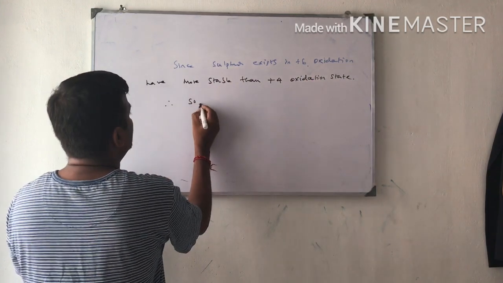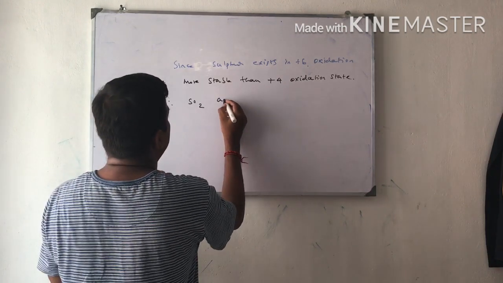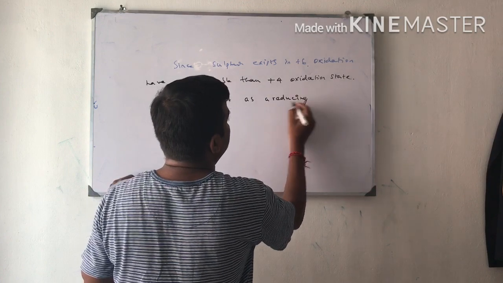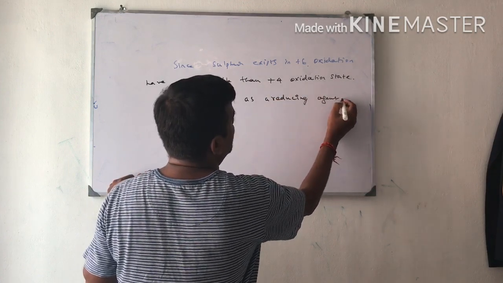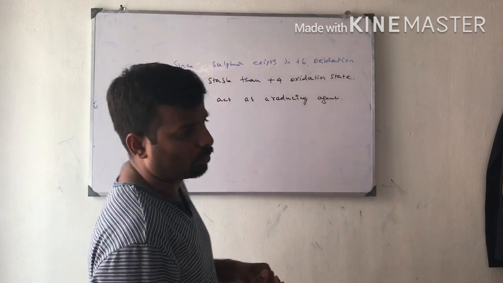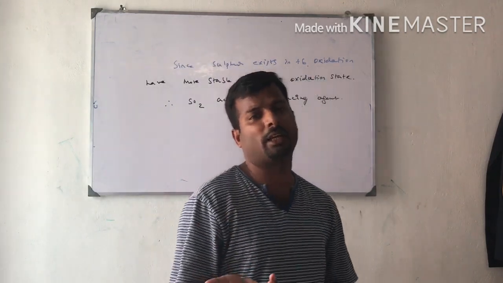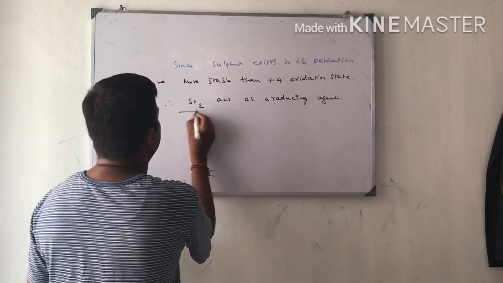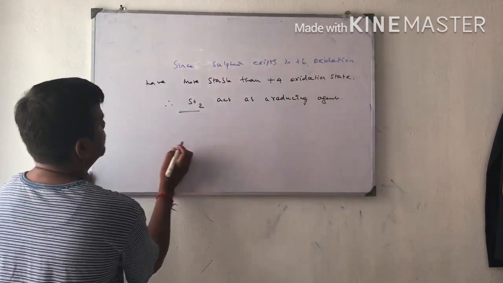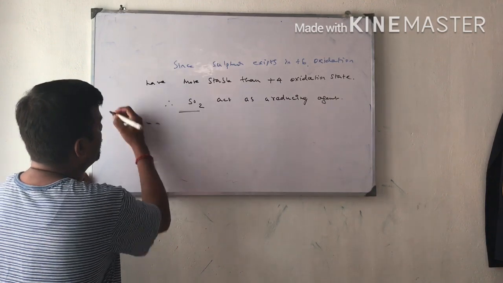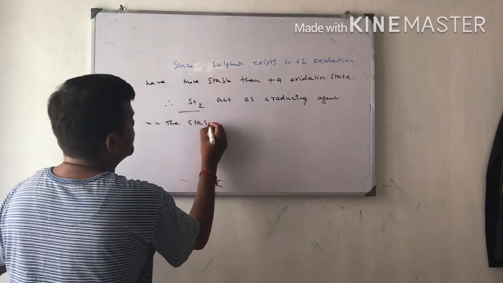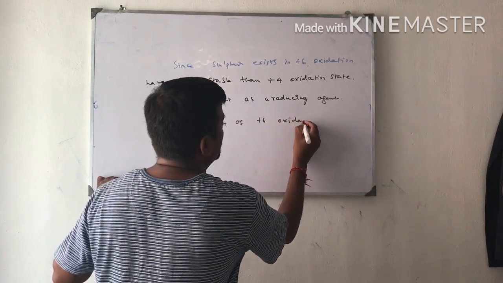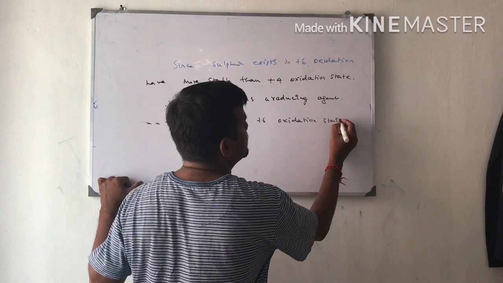Therefore SO2 acts as a reducing agent. What is the meaning of this? When compared to SO3, SO2 is less stable, so it can easily be oxidized to the stability of the +6 oxidation state.